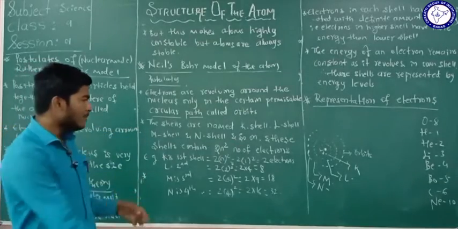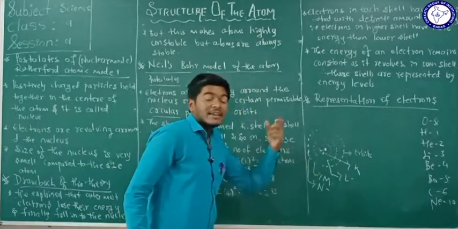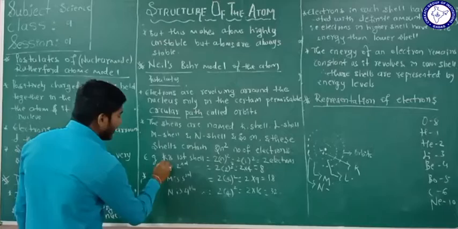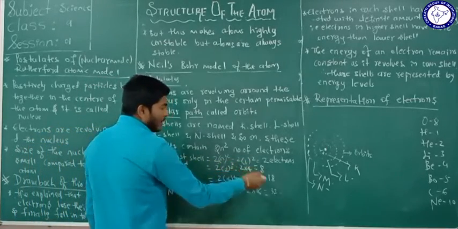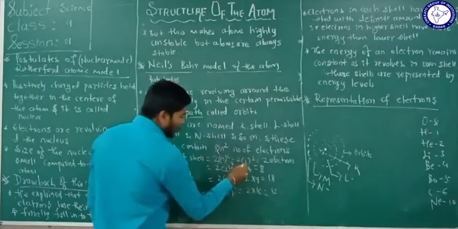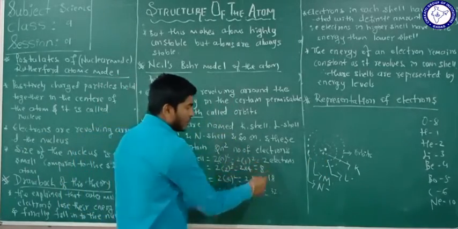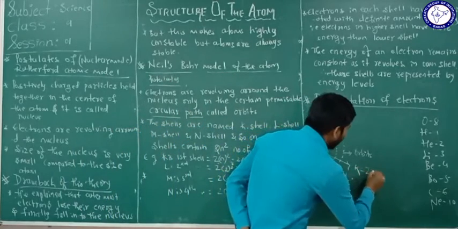For example, K is the first shell, so n is 1. 2 into 1 square, and 1 square is 1, so 2 into 1 is 2. The capacity of the K shell is 2 electrons.